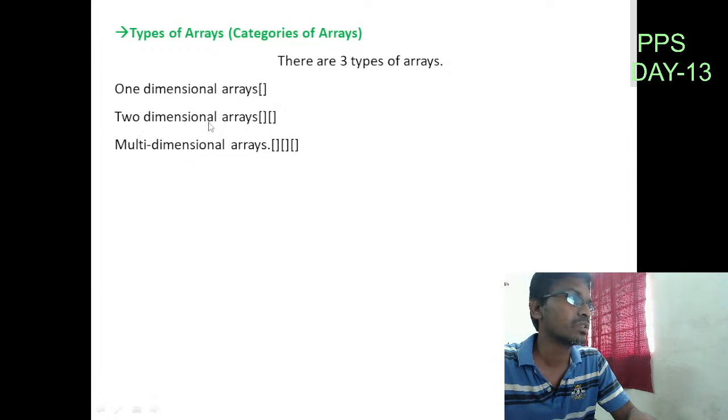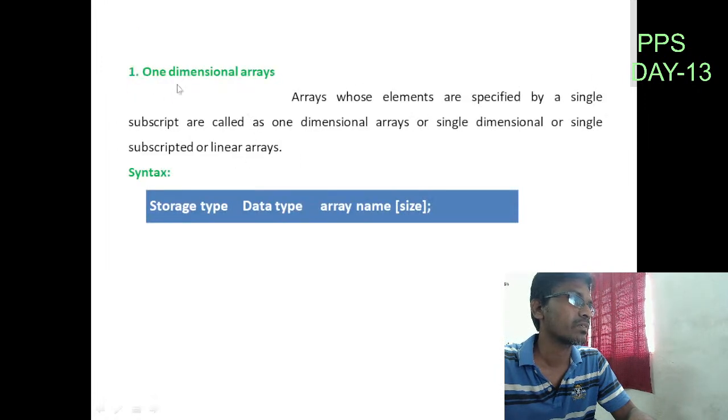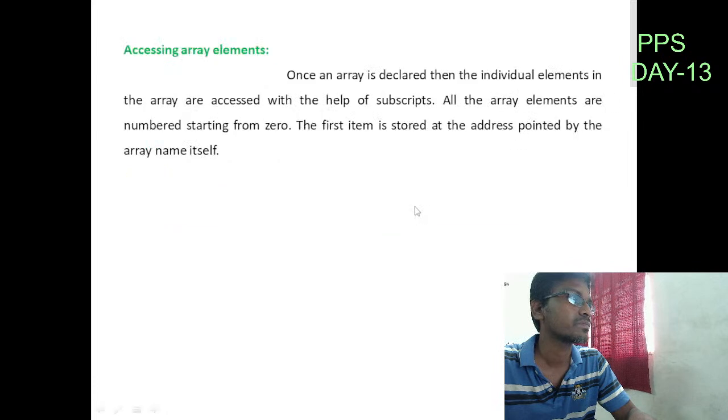If it is a two-dimensional array, then you have to use two square brackets. And if it is a three-dimensional or multi-dimensional array, then you have to use 3 square brackets. So those are the different categories of arrays. The first one is the one-dimensional array, where you use only single square brackets.